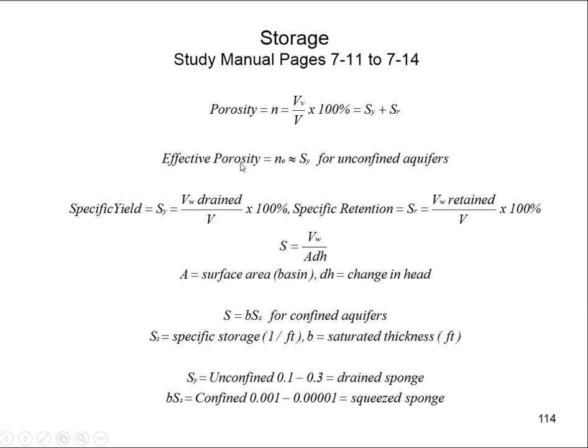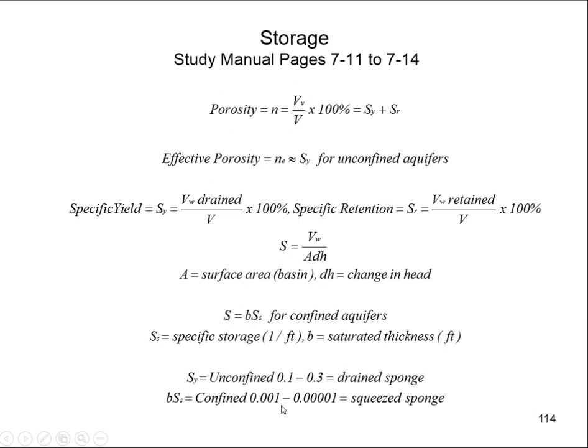Now, in the case of a confined aquifer, water is yielded by the ability of the mineral framework to relax enough to give us the water. And so the process is based on the specific storage and the saturated thickness of the aquifer. So whenever we see a value of storage that's very low, that is going to be for a confined aquifer.